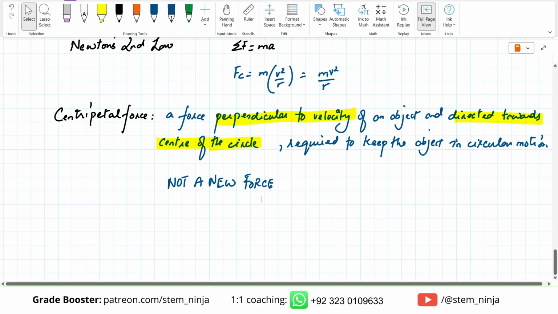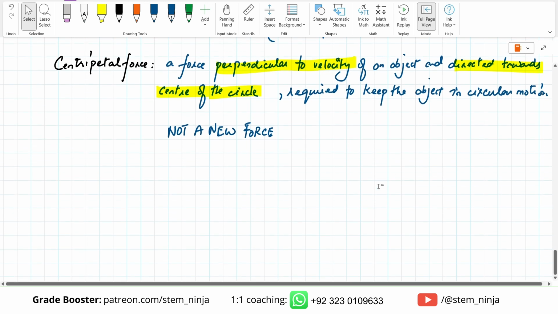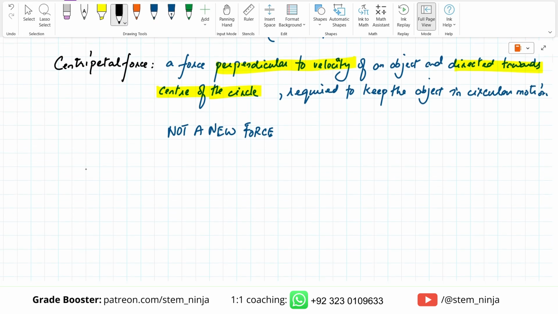Now that we have defined centripetal acceleration and centripetal force, we can easily define what is circular motion and what is uniform circular motion.